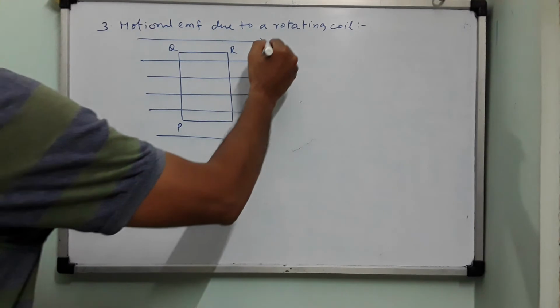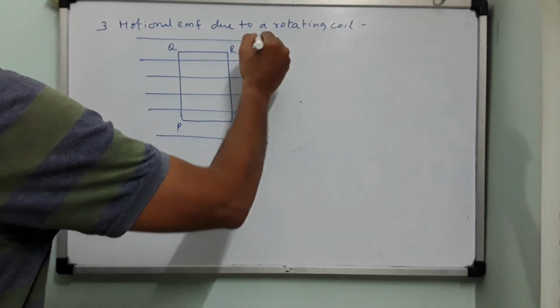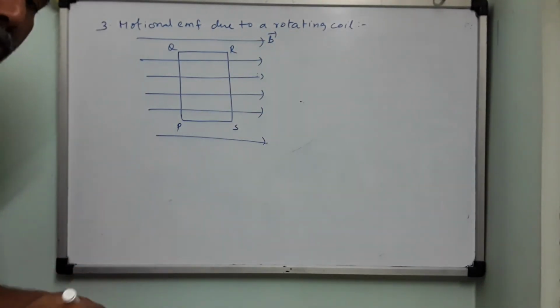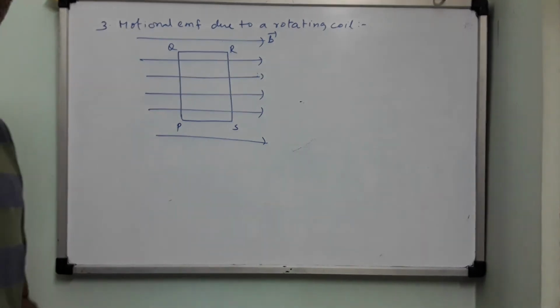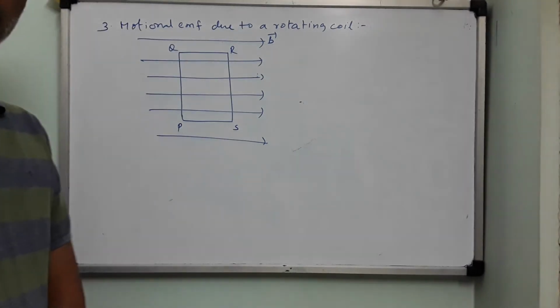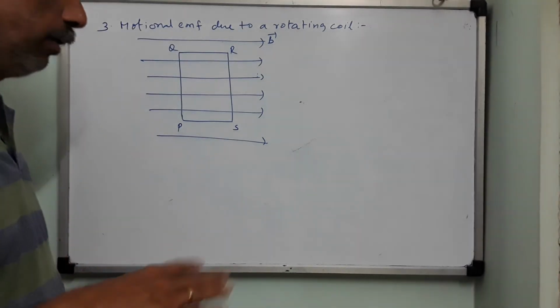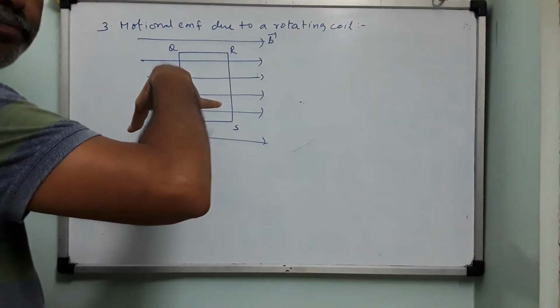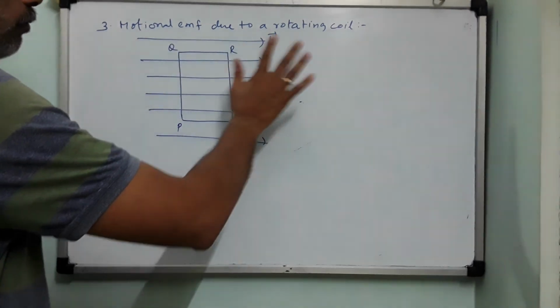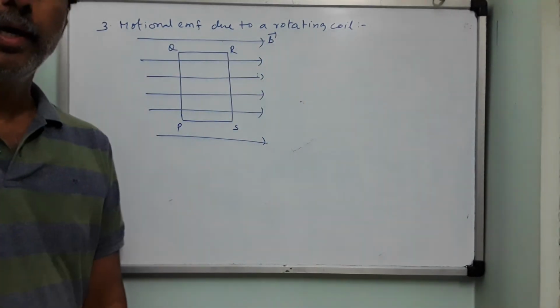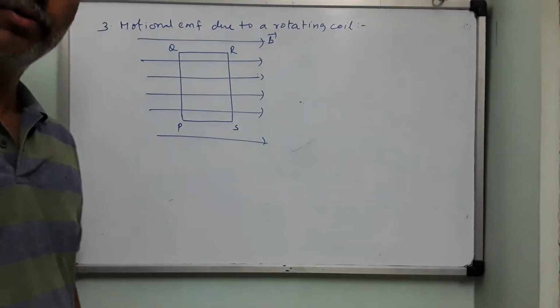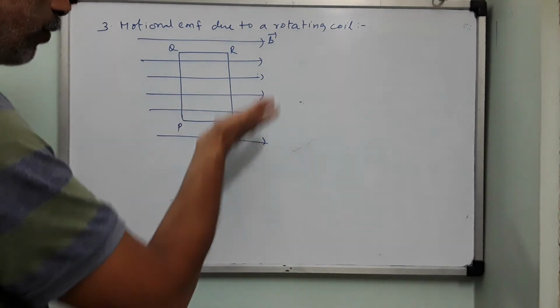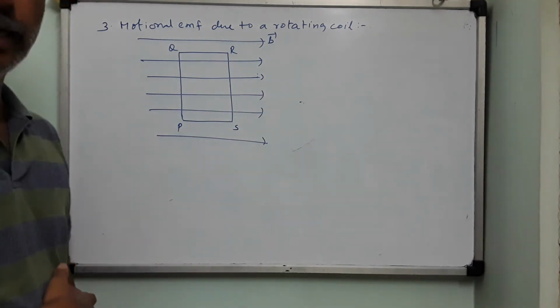Now what is the difference between this field which I am drawing now and the two fields which we used for the remaining two cases? Both of them are uniform only. Those two fields were pointing normally into the plane of the board, but this is parallel to the plane of the board. It is our convenience to create any type of magnetic field to understand the things clearly.